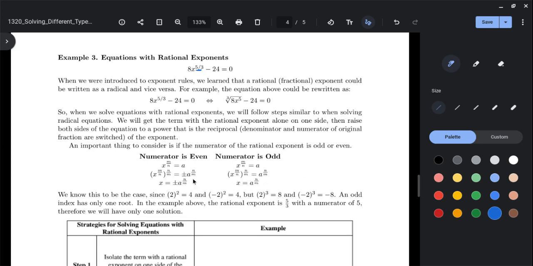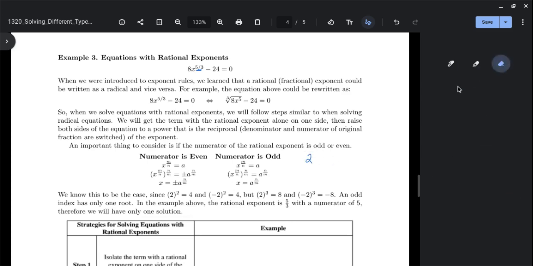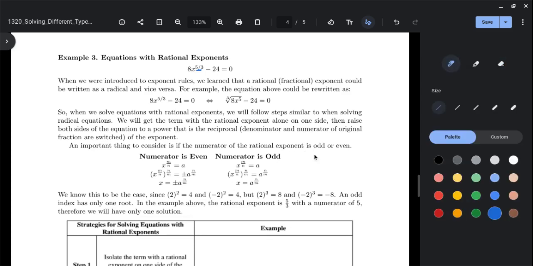Let's do this on the side here. If I have x squared equals 4, when I square root both sides to solve for x, I end up getting that x equals the positive or negative of the square root of 4, which is 2.